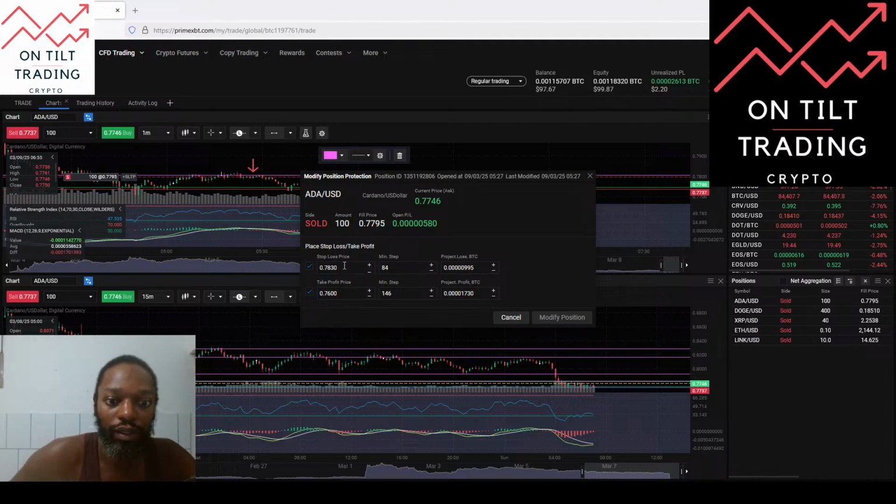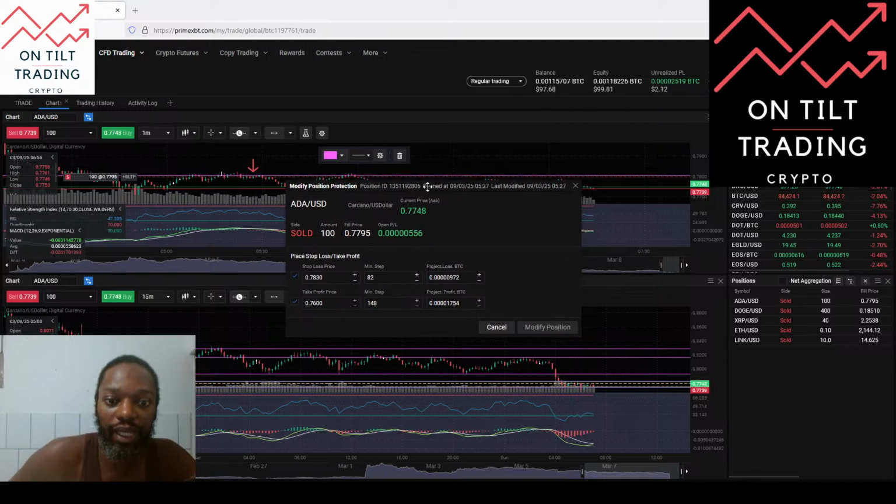Okay. So stop loss. I showed you guys stop loss 78.30. Profit 76. So this is the risk to reward, even though it is off right now, because this is based on where the price action is now, not where my entry was.